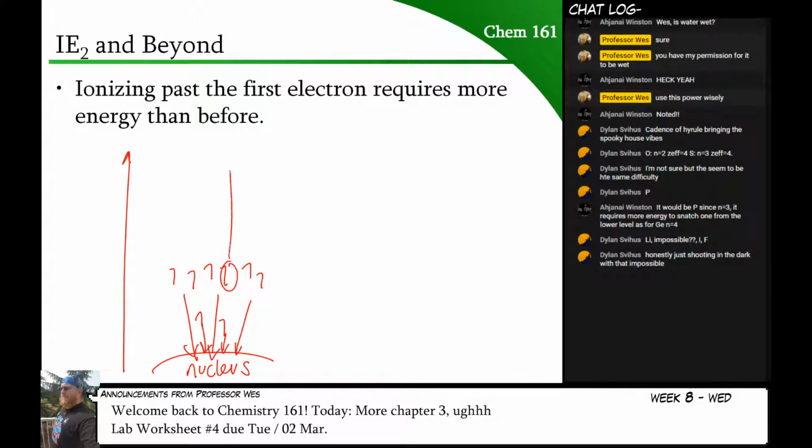So if I ionize something and it's gone, the remaining electrons are pulled even tighter. So ionizing past the first electron requires more energy. So if I wanted to remove a second electron, even if I'm pulling it from the same orbital or even the same sublevel, it takes more energy.